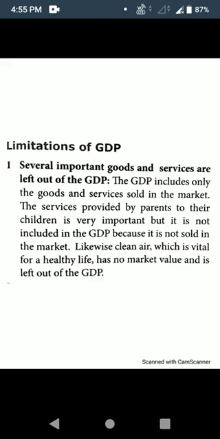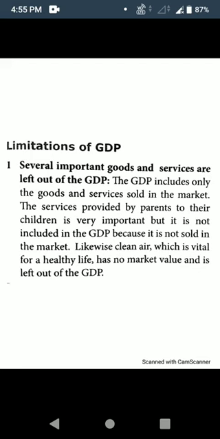Second one, GDP measures only quantity but not quality. Third one, GDP does not tell us about the way income is distributed in the country. Next, the final one is that GDP does not tell us about the kind of life people are living, how the people are living. That one, it does not say.